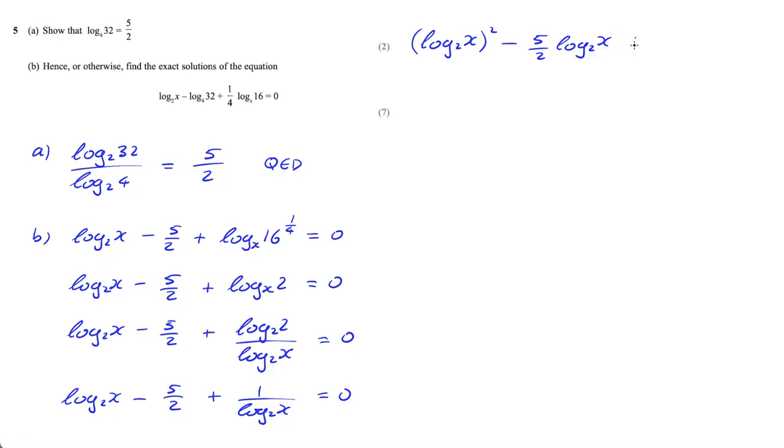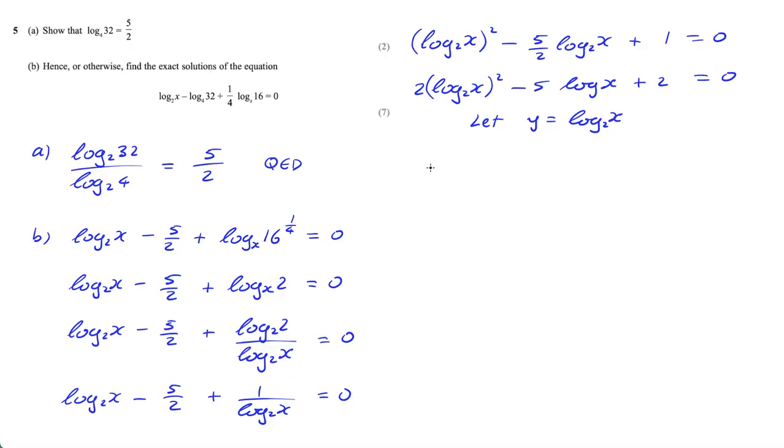And then this becomes 1, because obviously that removes the denominator. Okay, I think I'm going to multiply by 2, guys. 2 (log x base 2) squared minus 5 log x base 2 plus 2 equals 0. Then, nice thing to do is let y equal log x base 2.